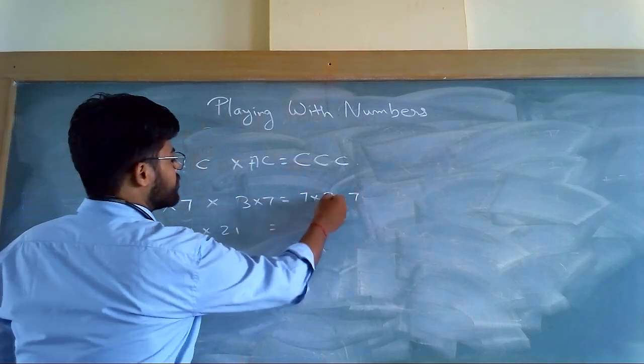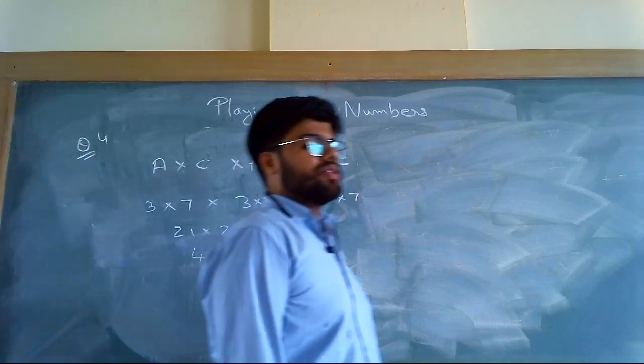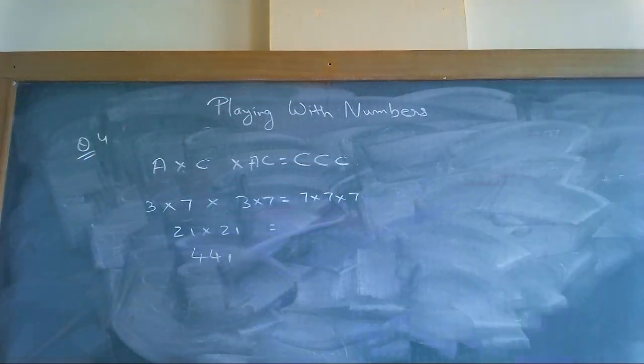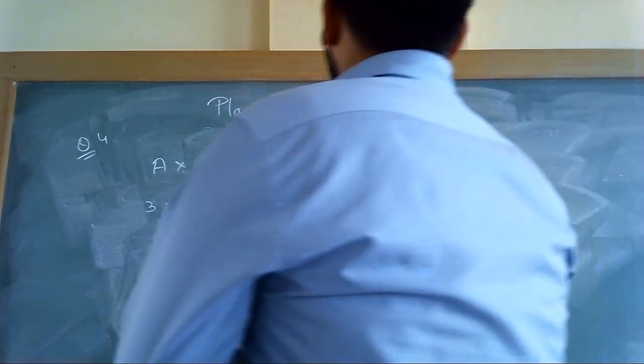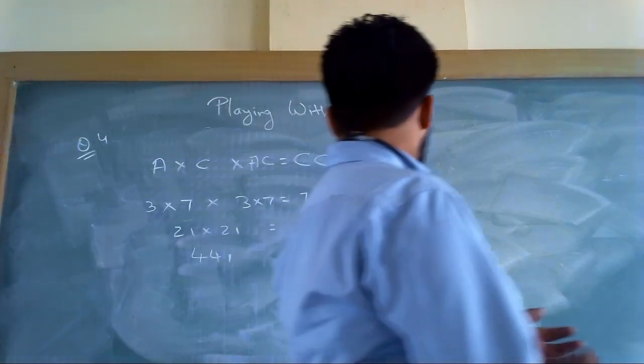Now look at that. 7 sevens are 49. And 49 into 7, what is the answer? 343 is coming, not satisfying the equation.